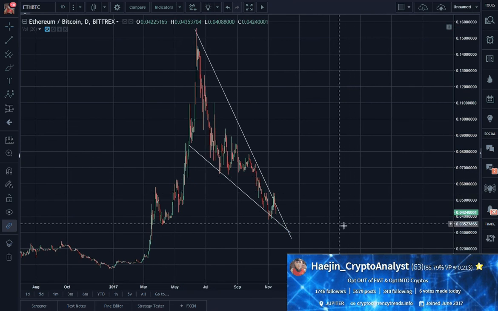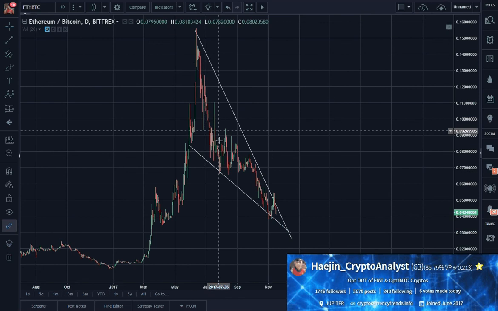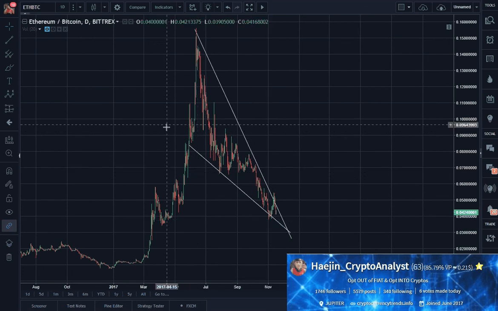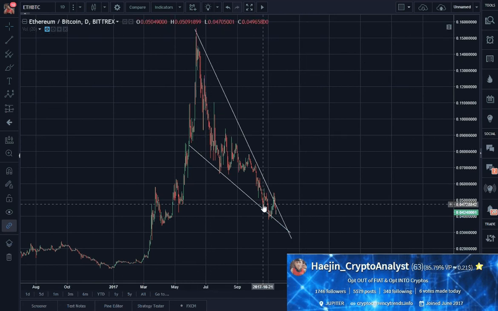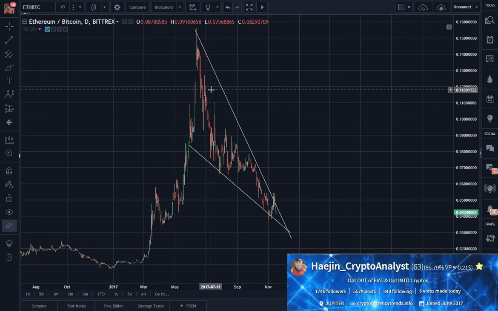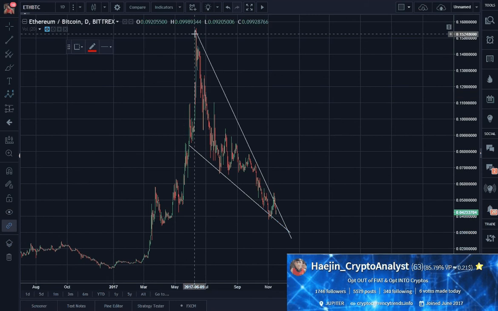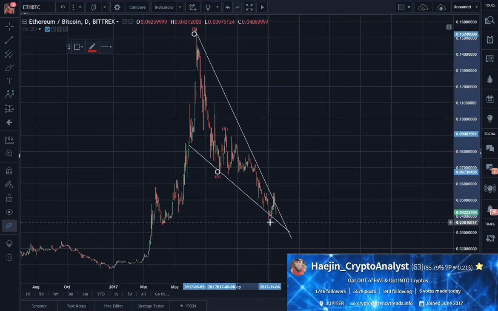That's why I combined the two. This is an ABC correction. There's no ABCDE here. But look at the triangle, how it's downward pointing. This too is a correction. Elliott waves would not label this as ABCDE. So when I'm combining this, I'm calling this ABC, not ABCD.